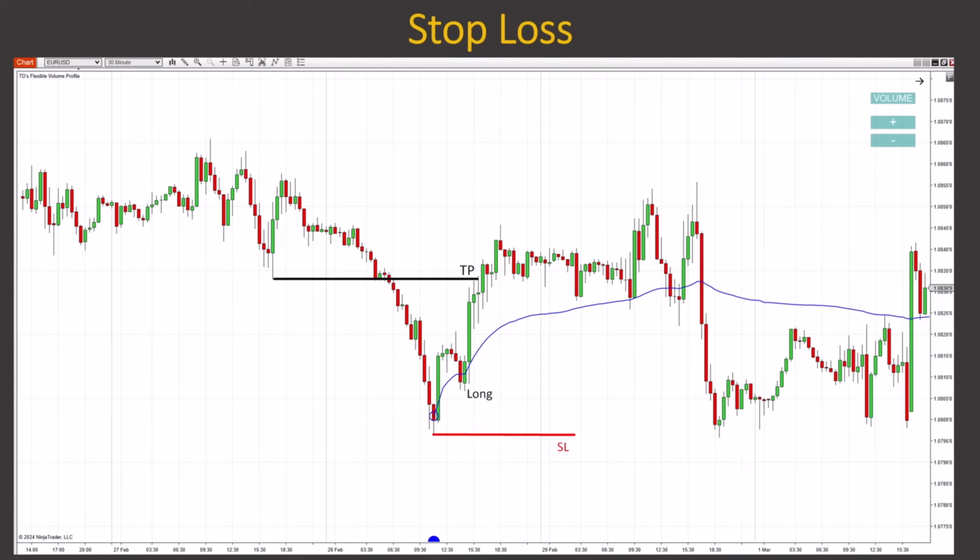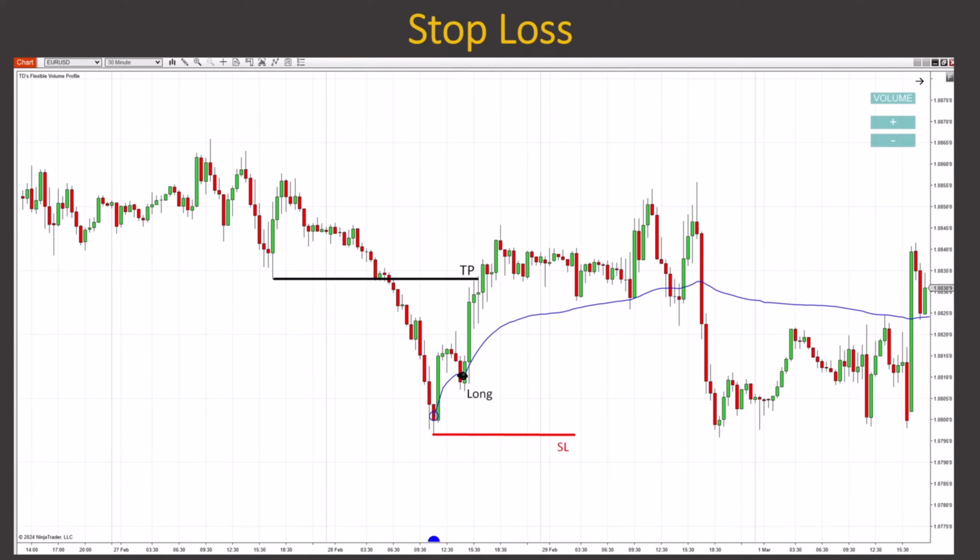So this is EUR/USD, a 30-minute chart. There's a swing low here, pullback to it, so long from here. An ideal place for stop loss is the closest swing point. In this case, it is here. I mean the closest swing point, closest to the trade entry.